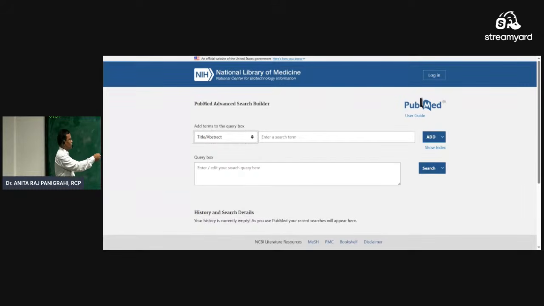Now simply put EGFR. Here you can see EGFR in brackets, title or abstract. It came up, right?